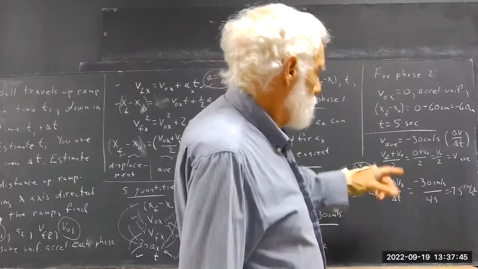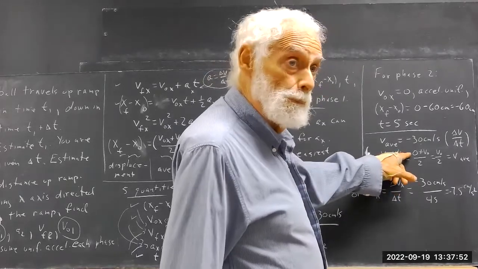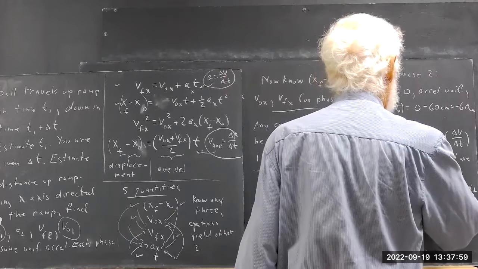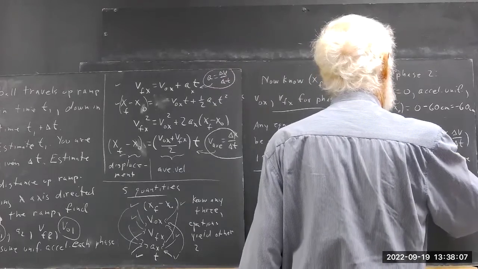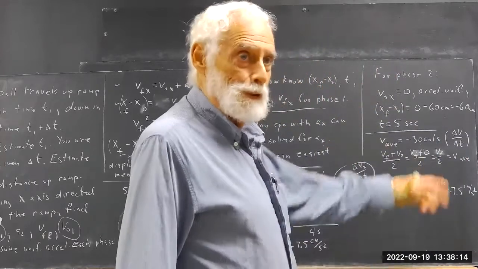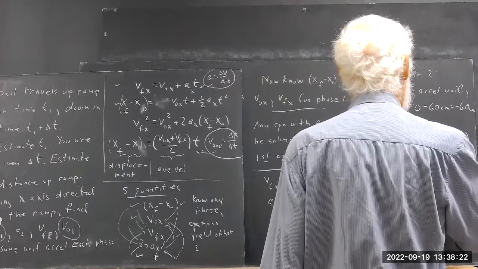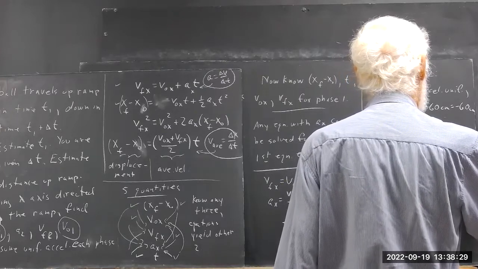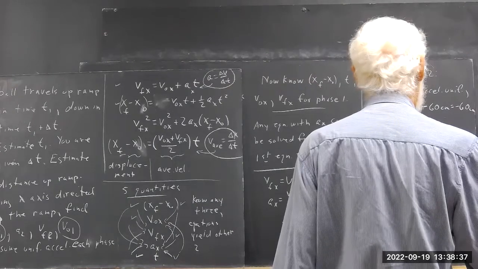It's kind of a shortcut thing. Now you want to run it through the equations and make sure you understand why the shortcuts are working. But in this case, vf is 0. Okay.